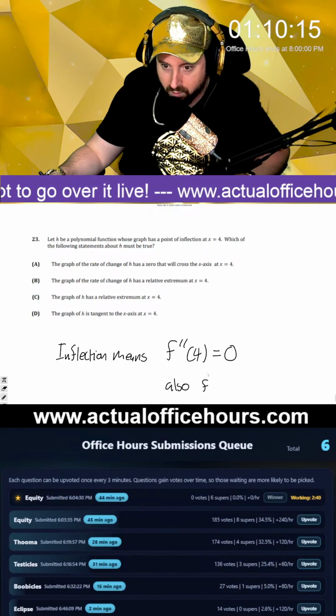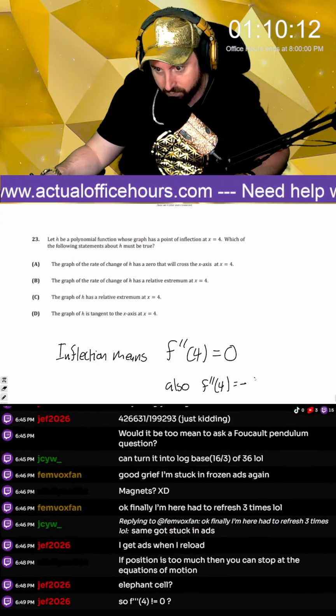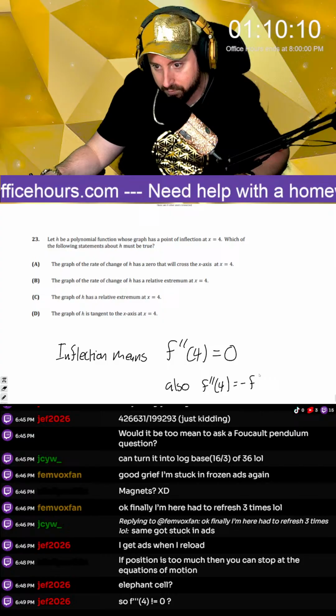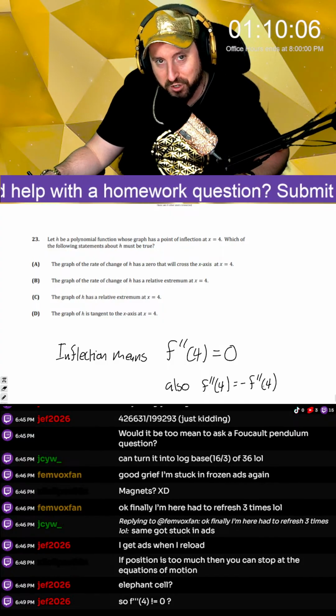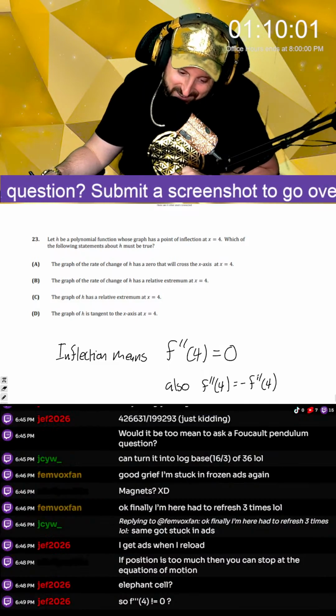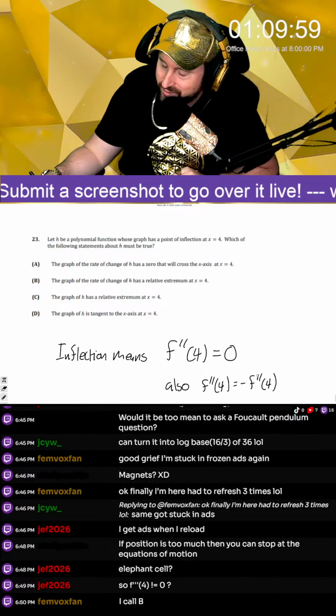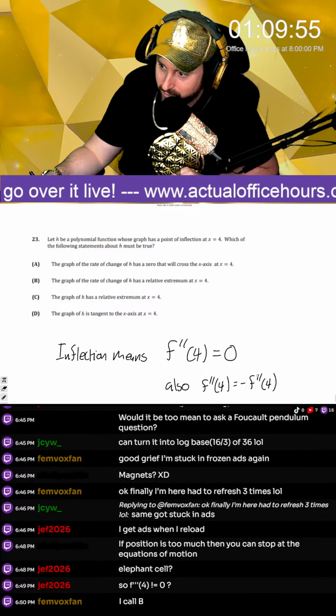Also, f double prime of 4 is equal to negative f double prime of 4. So f triple prime of 4 is not equal to 0? I guess so. I don't think we really have to do the third derivative though, right?